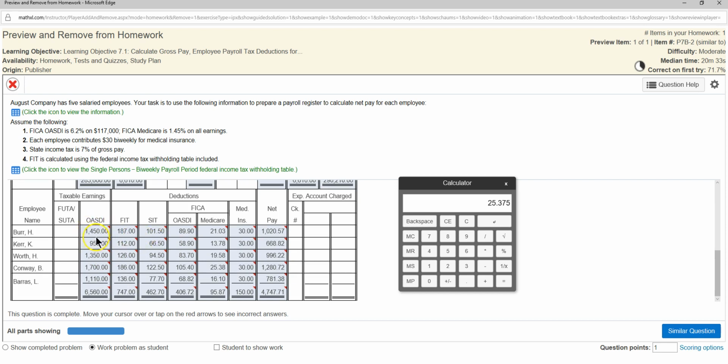I'll just show you Burr here, $14.50. Let me clear this out. Okay, $14.50, times 0.07.